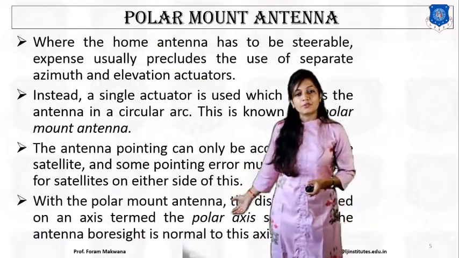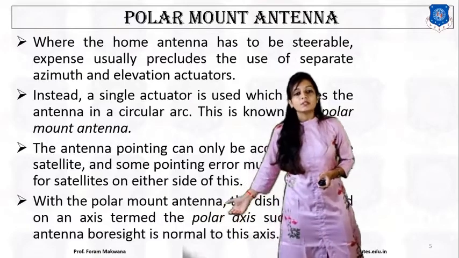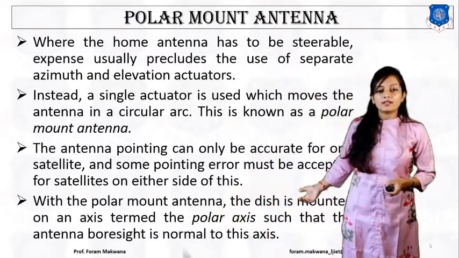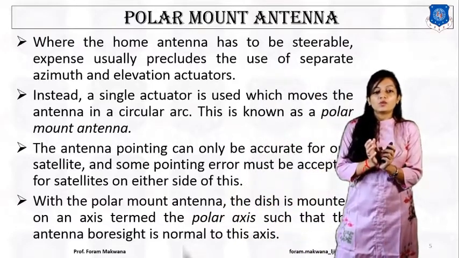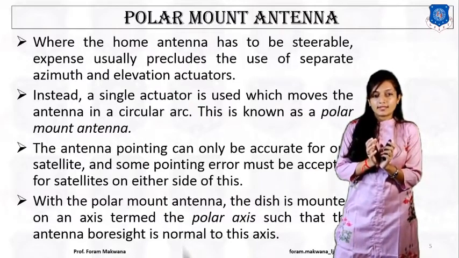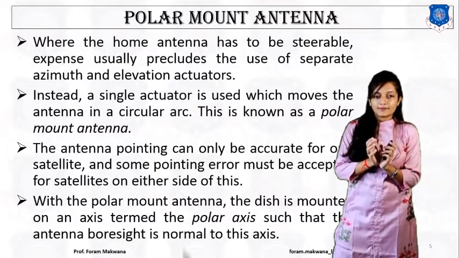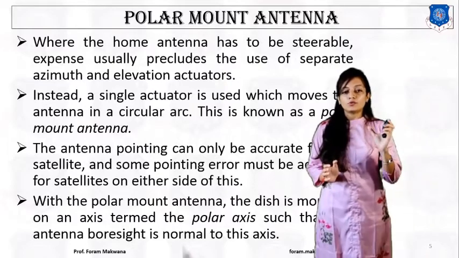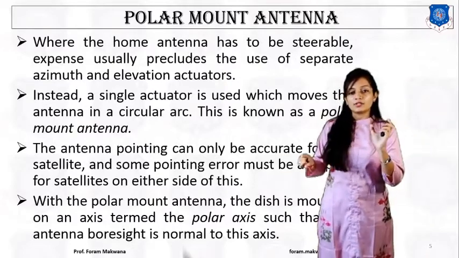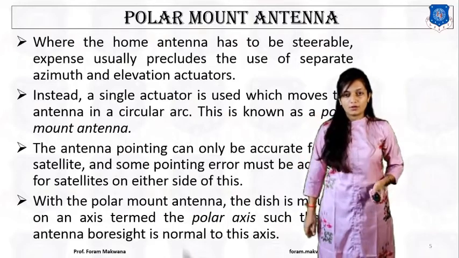With the help of this polar mount antenna, the dish is mounted on an axis, which is termed the polar axis, in which the antenna boresight is normal to this axis, that is, perpendicular.